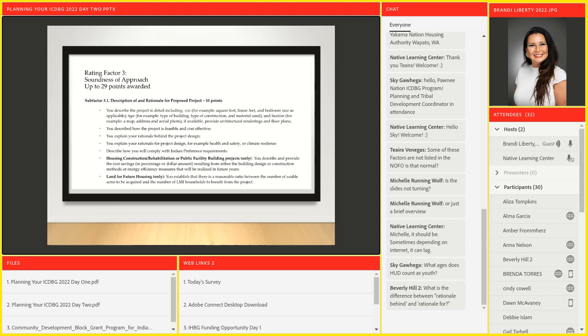So this is an opportunity to describe, for example, if you're doing a rehab project of multiple units, maybe you're purchasing, for example, if you're doing bathrooms, all of the toilets at once. Obviously you're going to get a discount ordering at bulk rate.